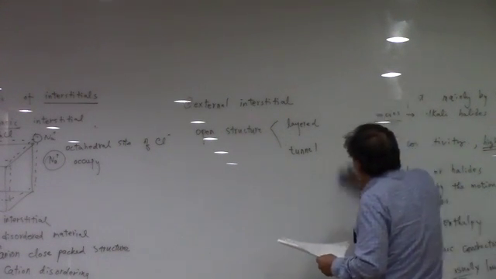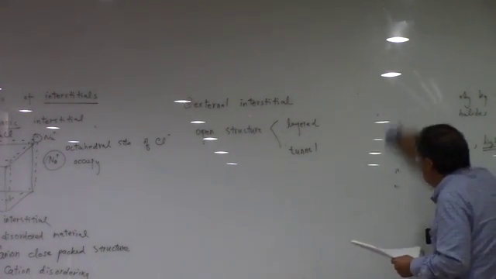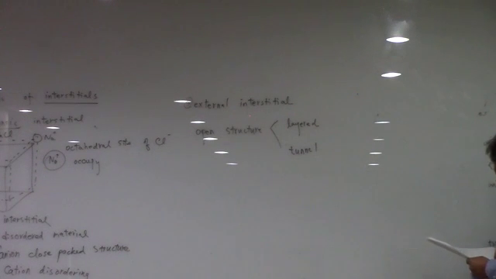Okay. A typical example of layered structure is beta alumina.